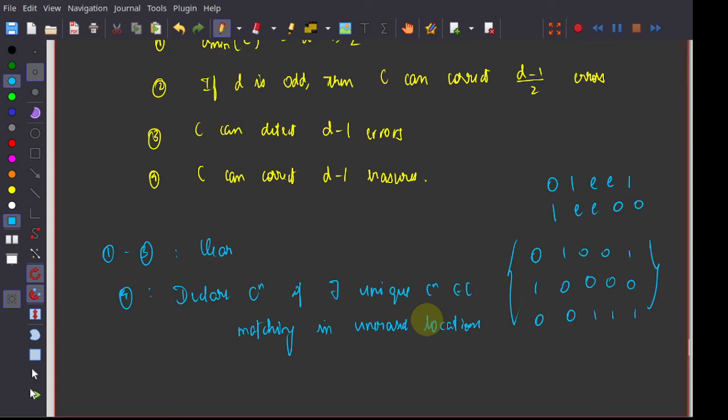I'm basically revealing the remaining locations. So I pick any d-1 locations, I erase them. In the remaining locations, can two code words be the same?